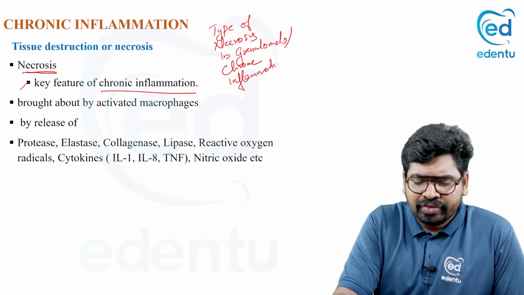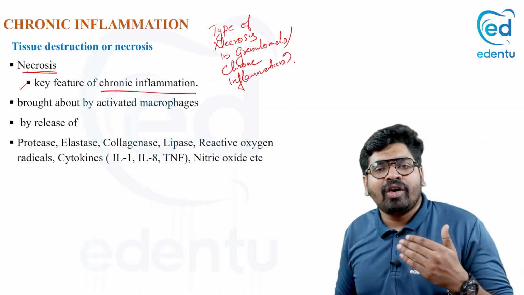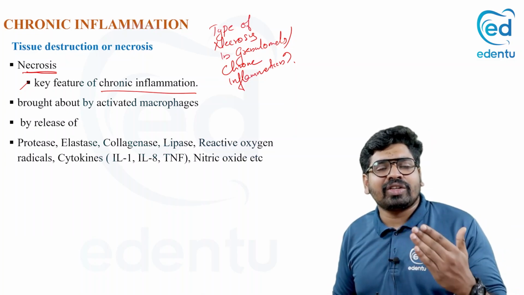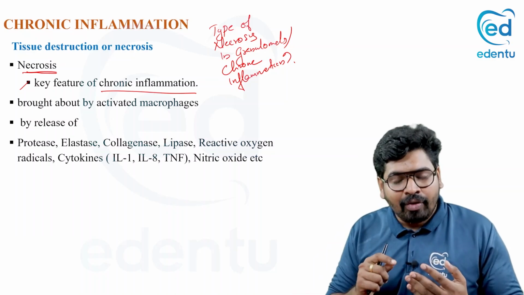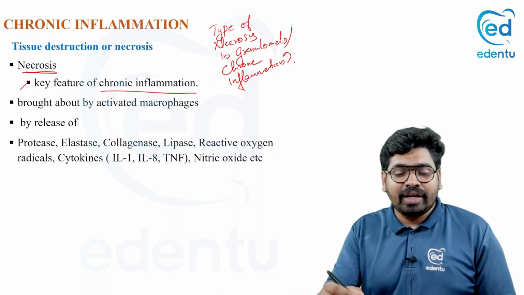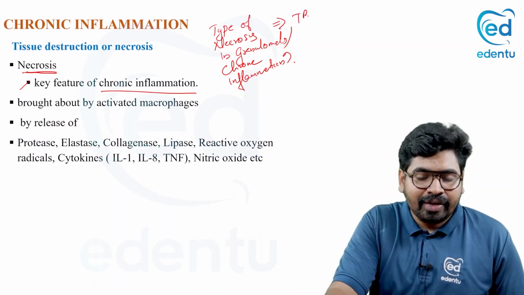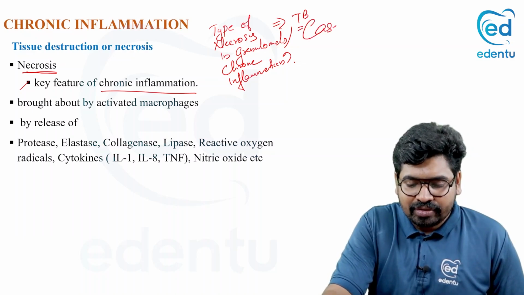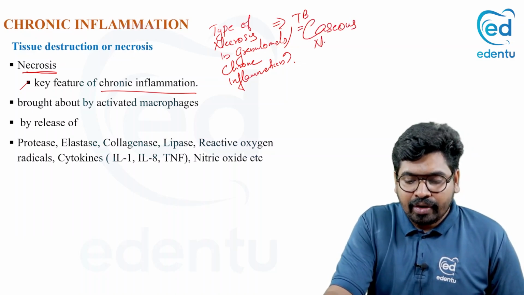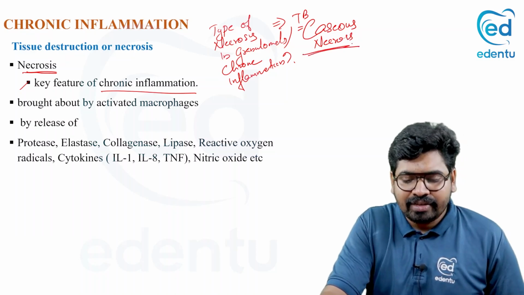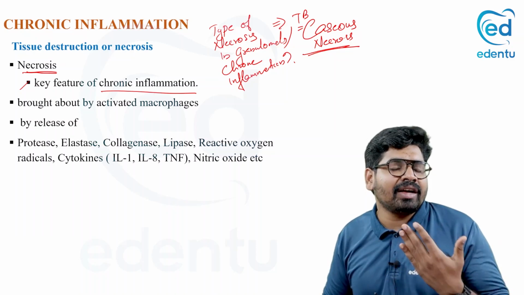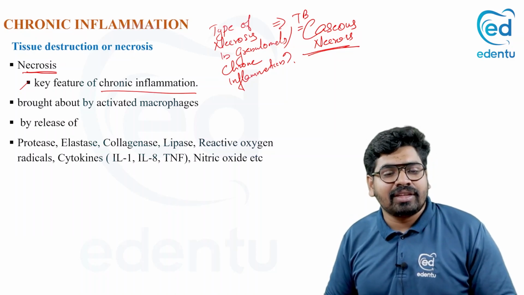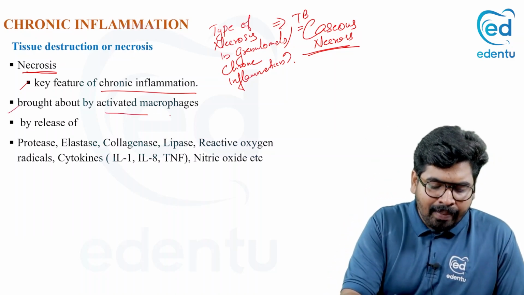In the previous lecture on necrosis, I told you about 5 types of necrosis, out of which one is related to your TB. Which one is related to TB? Your caseous necrosis. So the most common necrosis in chronic inflammation is caseous necrosis, and it is caused by your macrophages.